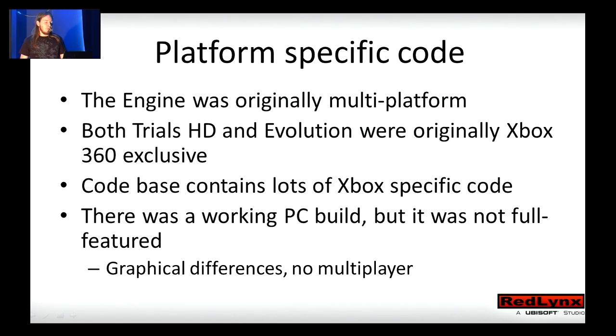So basically, we didn't have a working multi-platform code base anymore. It was okay, but it wasn't fully supported. At the beginning of Evolution, we restored some PC functionality so that we could basically debug on PC and do some simple things, but it was not feature complete.